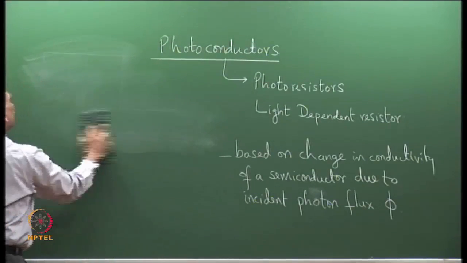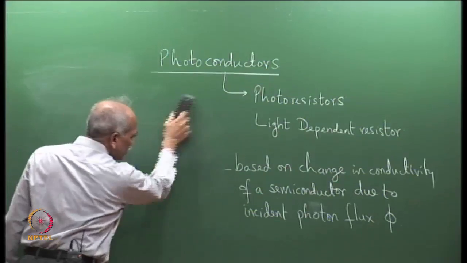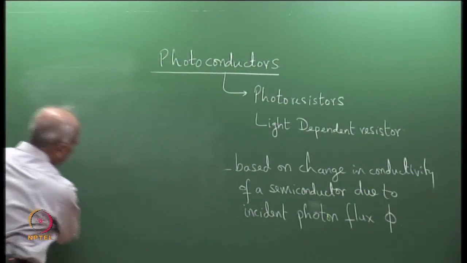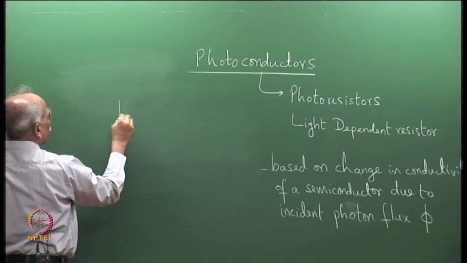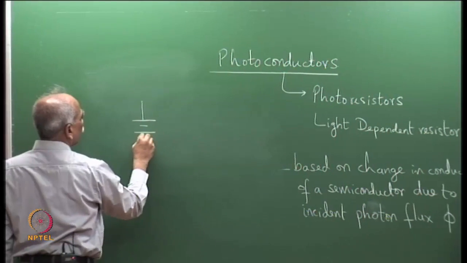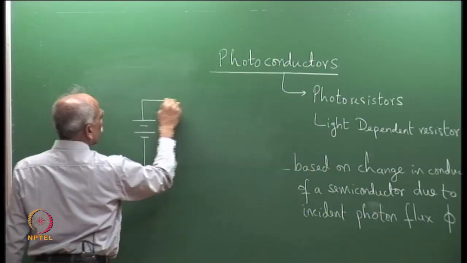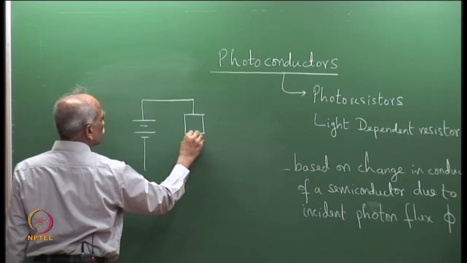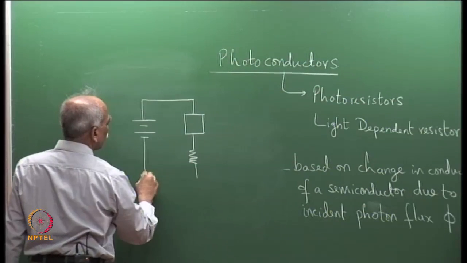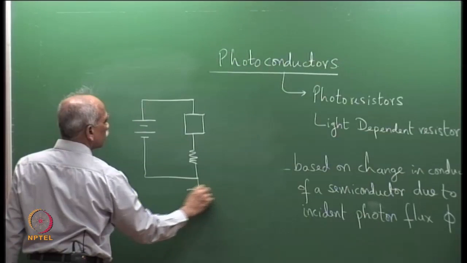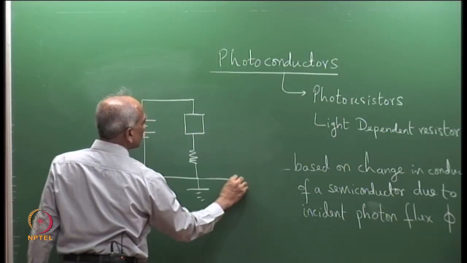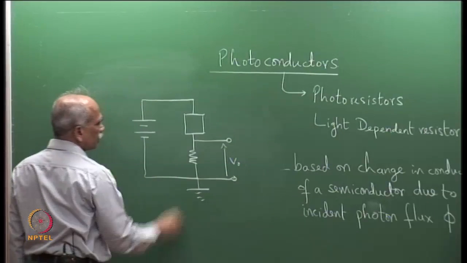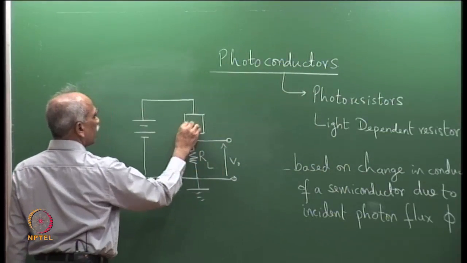It is one of the simplest detectors, which is basically simply a piece of semiconductor of appropriate material, generally used in this configuration. You have a supply here, and here is the photoconductor. There are different designs. Here is the load resistance, the whole thing is grounded, and here is the output VO, taken across the load resistance.